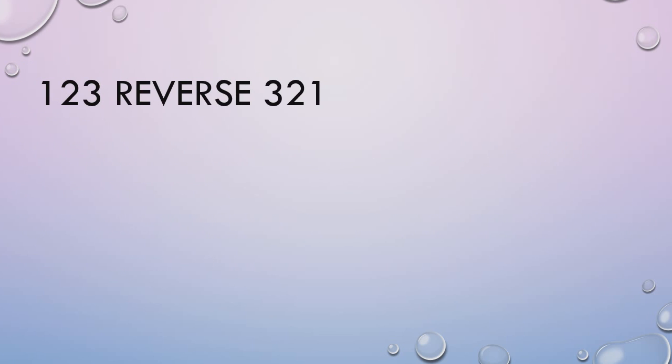So I am making here a table to show the reverse process of 1 2 3. Just look at table. We have a number 1 2 3 here, and we divide by 10. In this case, remainder will be 3 and quotient will be 12, and this quotient is processed again.